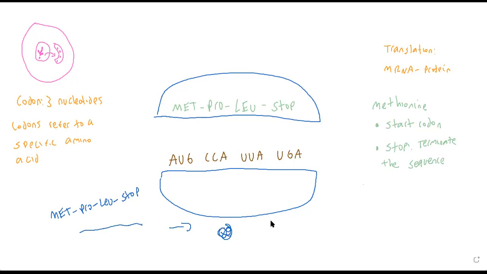For example, like this. So protein folding is where a newly formed protein twists into its correct shape.